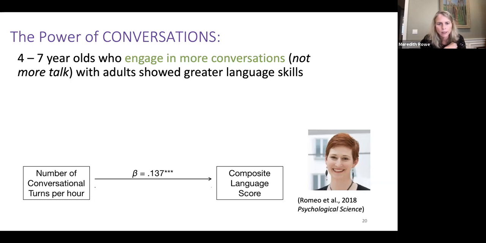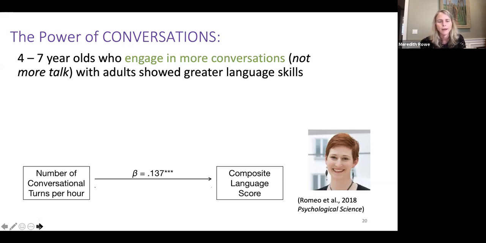And so what Rachel found was the number of conversational turns per hour in the home predicted the children's scores on the language composite. And what was interesting is that the number of words they heard did not predict, and the number of words they produced did not predict, which was surprising. It was just the amount of conversations they engaged in that was predictive of the language score.